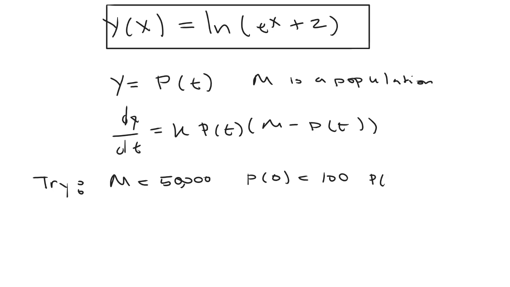But then let's say that after 2 weeks, so 14 days, perhaps 2,000 people became sick. Then in that case, you can solve for the equation that describes the spread of this disease in either case.